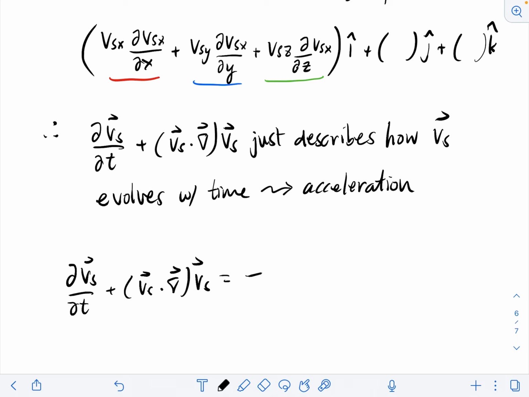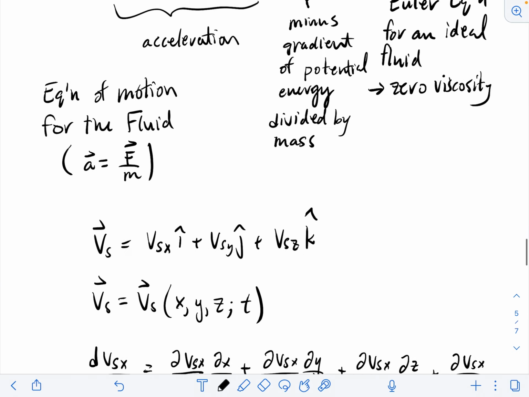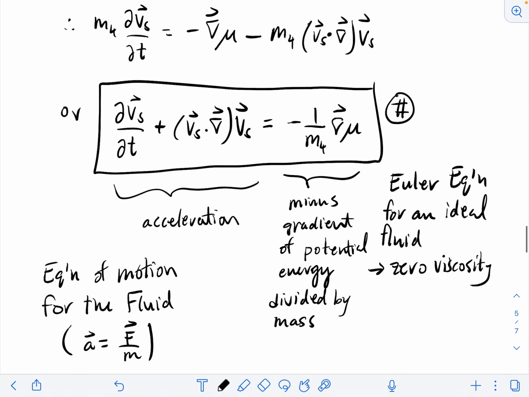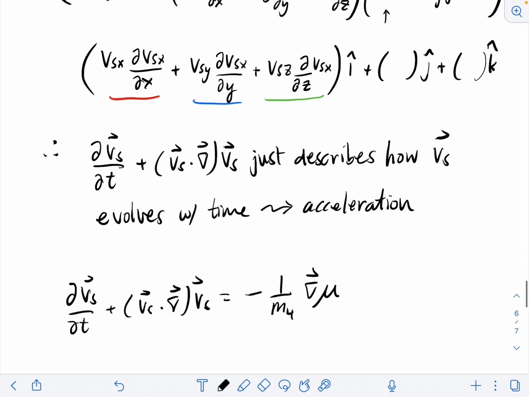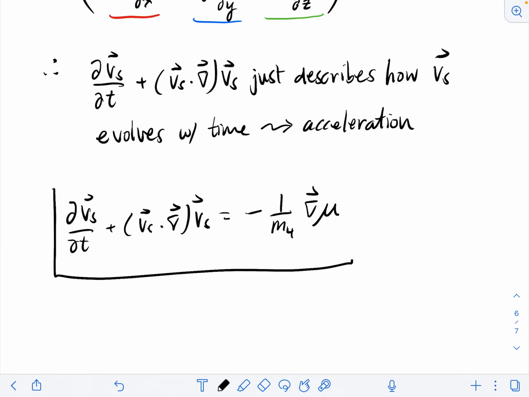And so there's minus 1 over m4, and then it's the gradient of mu. And so let's just double check. Yeah. So this is just a rewriting of equation number sign, where now we've kind of tried to convince ourselves that in fact the left-hand side is an acceleration, minus the gradient of the chemical potential is a force, you divide by mass, and so that's equivalent to Newton's second law.